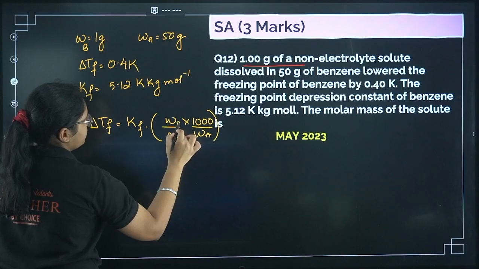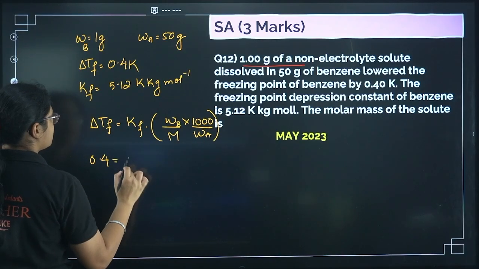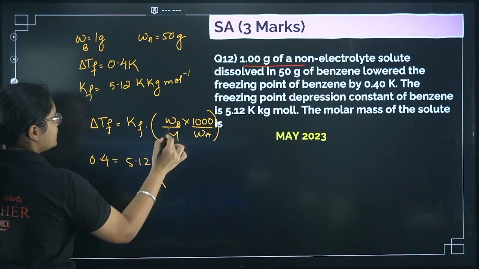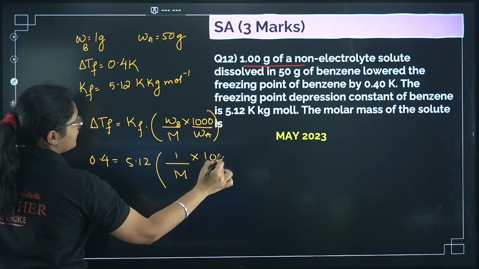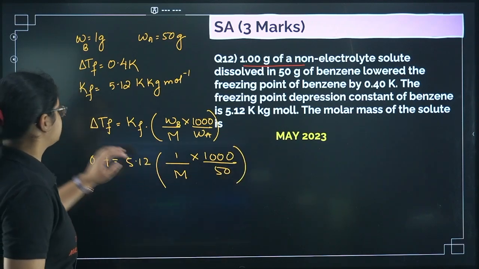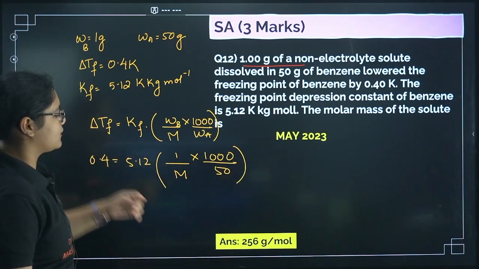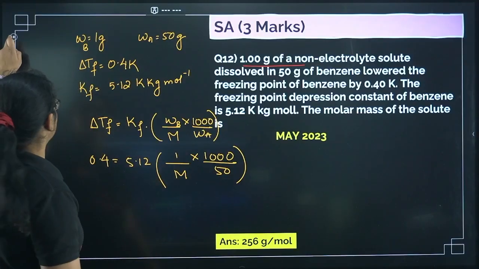This is WB. Now, ΔTf value is 0.4, Kf is 5.12, WB is 1, M I have to calculate, 1000 and WA is 50. If I solve this and calculate the value of molar mass, it comes out to be 256 gram per mole. Moving to the next question.